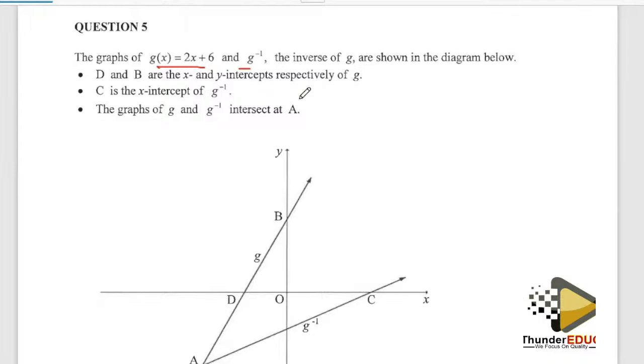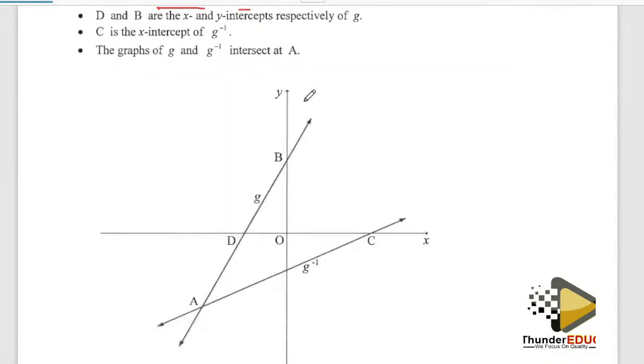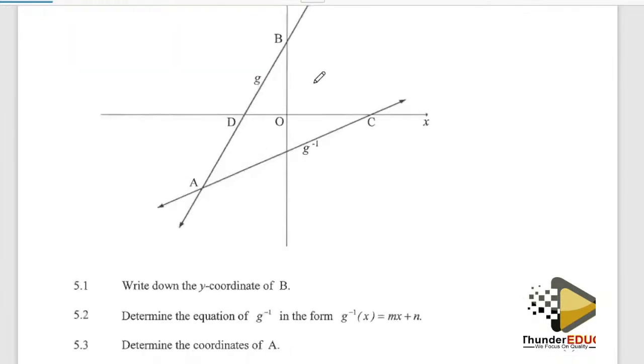C is the x-intercept of the inverse of g, and then the graphs intersect at A. Then 5.1, they want us to get the y coordinate of B.